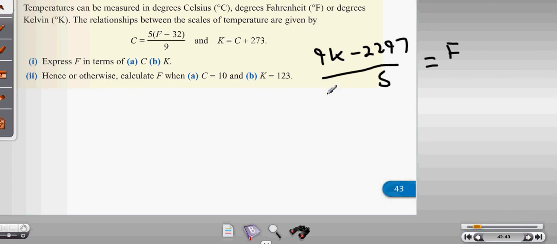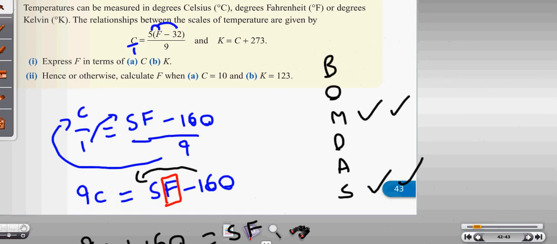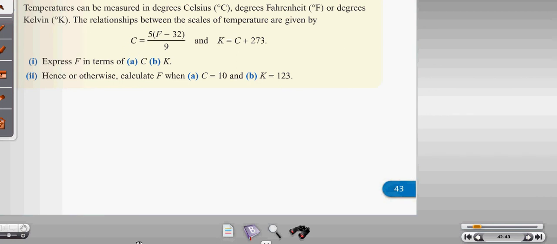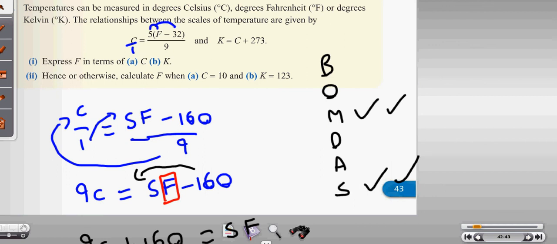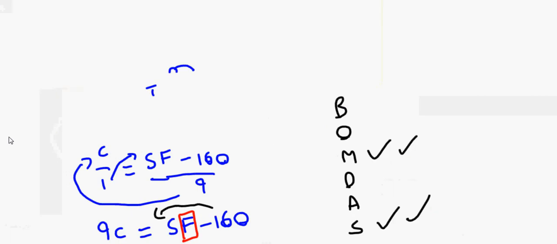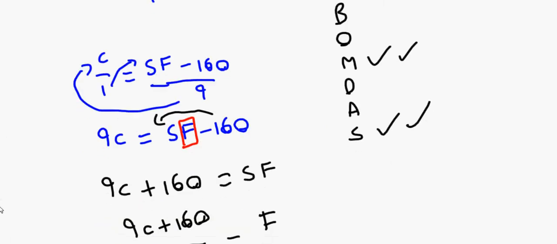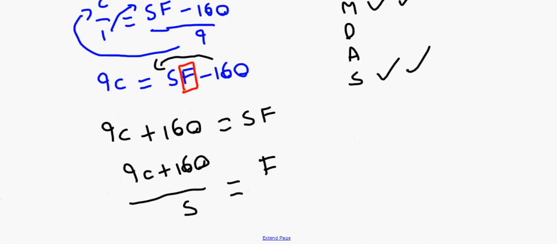So the first one is Celsius equals 10. That is going to take us back to our answer for part A. This is our answer for part A here, where Fahrenheit equals 9 multiplied by Celsius plus 160, divided by 5.